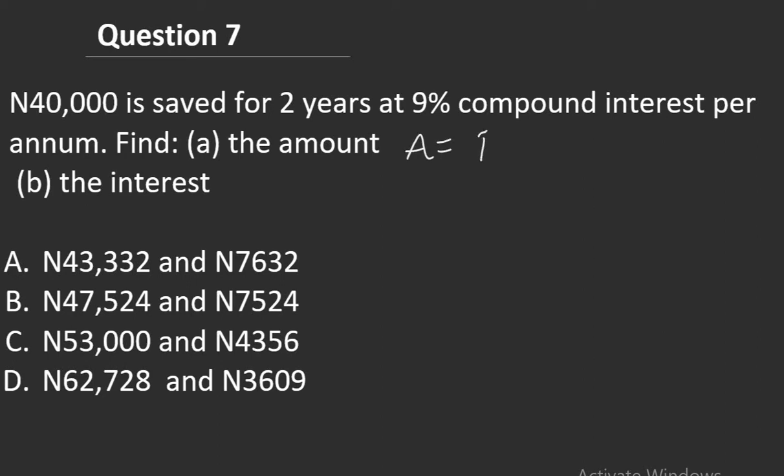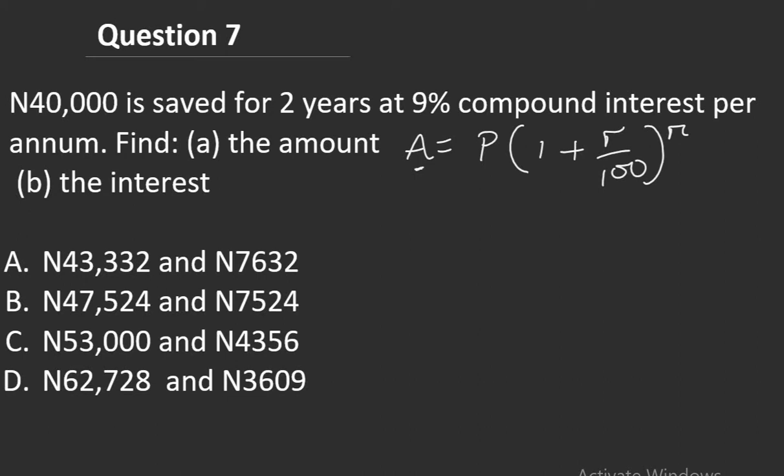the formula we need is A equals principal bracket 1 plus r over 100 raised to the power of n. In this formula, A is the amount after n years. P is the principal amount or the initial investment, while R is the annual interest rate and n is the number of years.